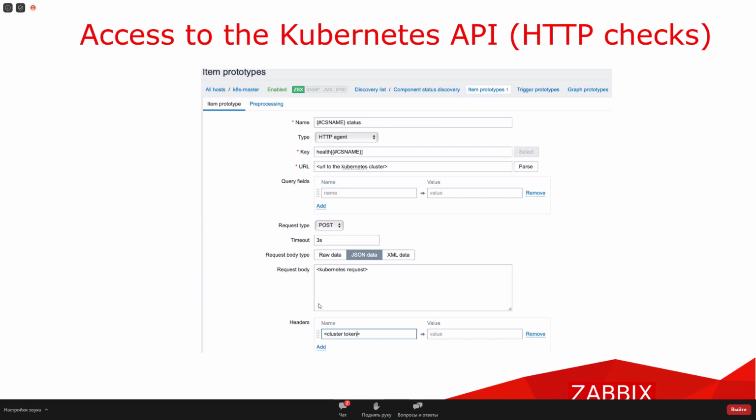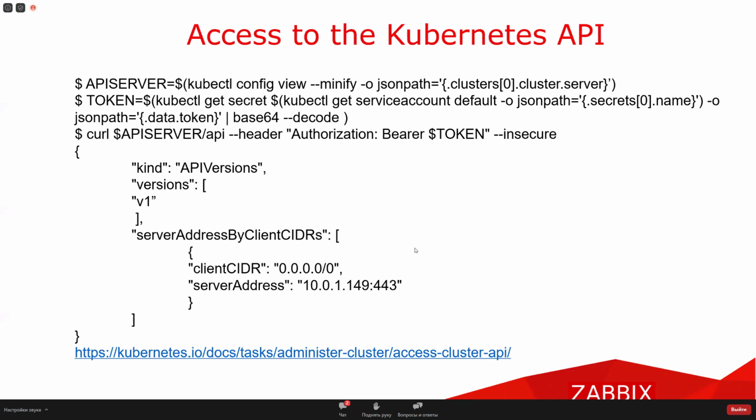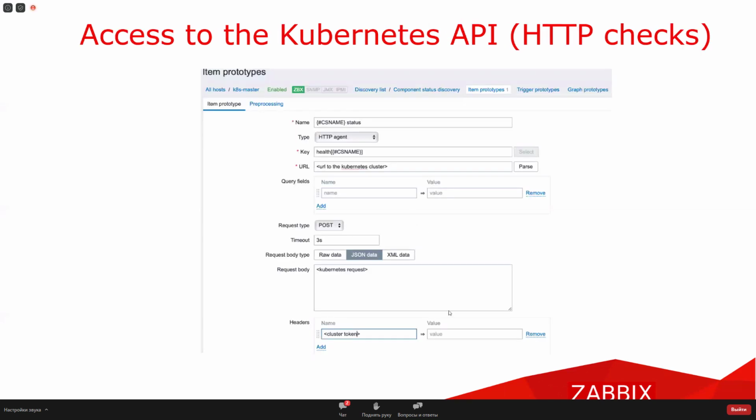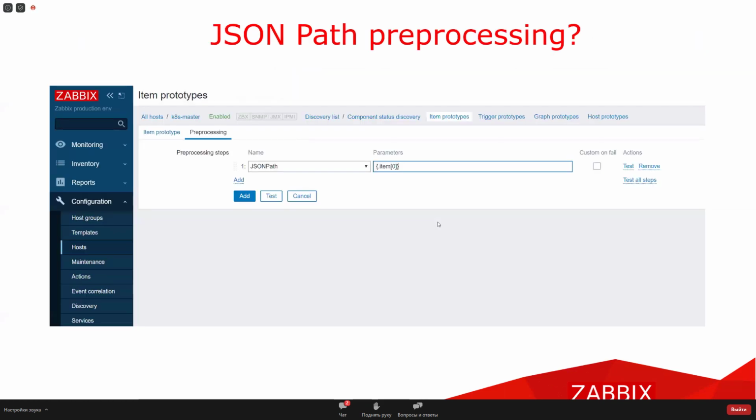And over here in the header, we will pass the token that we obtained in our previous step. So we pass the token here as a value. And then we use JSON Path because the retrieved value is going to be JSON. And in the item prototype preprocessing step, we will use JSON Path to obtain said value.